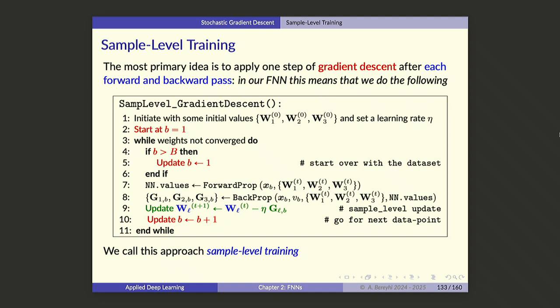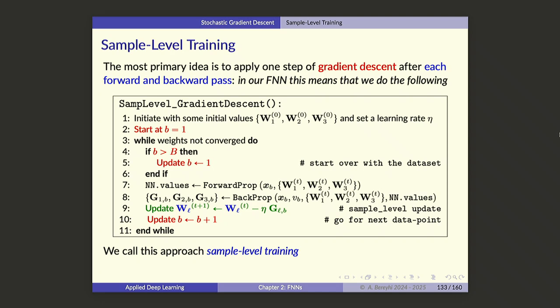By sample level training, it simply means that when you're training, you don't wait for the whole batch of data to get over, right? You just compute one gradient, and whenever you have a gradient, you use that opportunity and update, right? And you hope that your weight is going to update much faster compared to doing lots of full batch training iterations, okay?